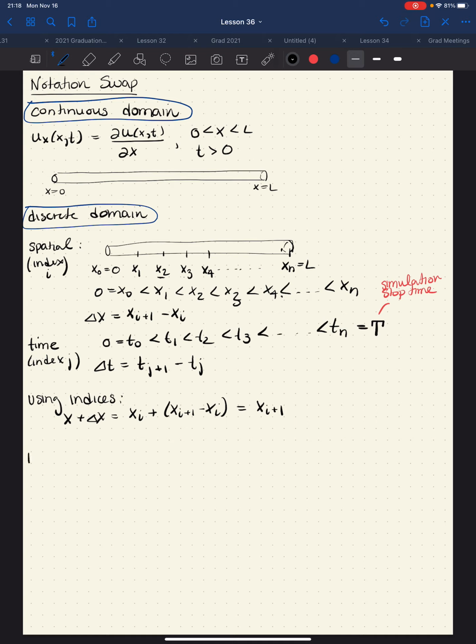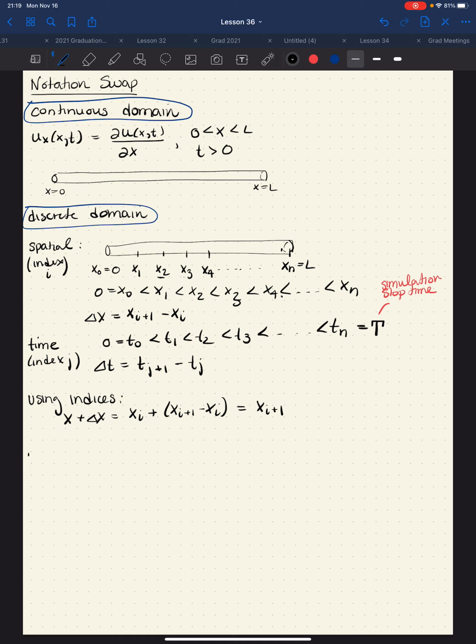All right, so if I were to write the derivative u_x, the partial derivative of u with respect to x, and I want to figure out what u_x is at the current x and the current time, so x sub i, t sub j.